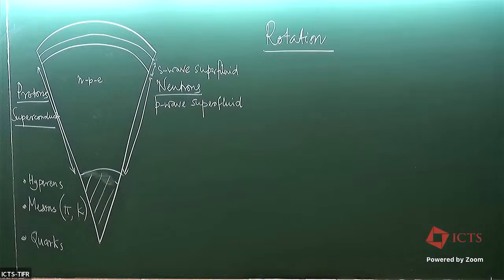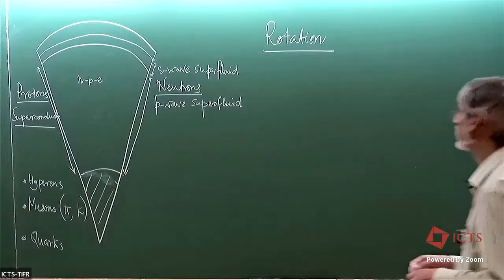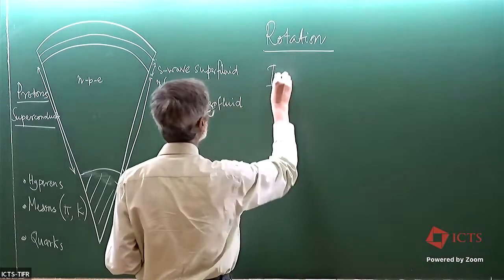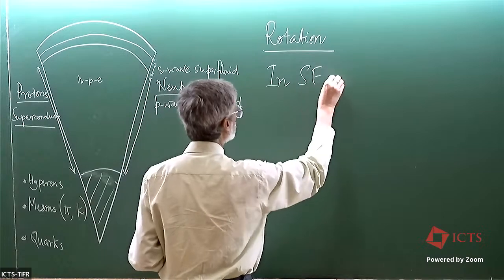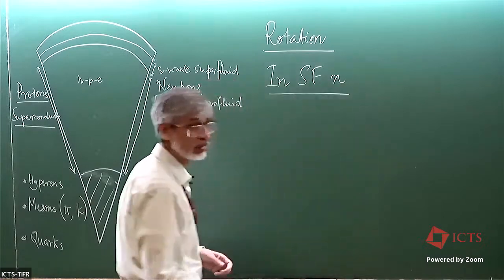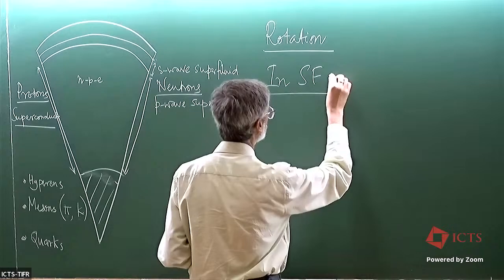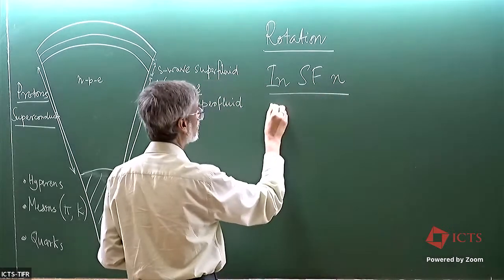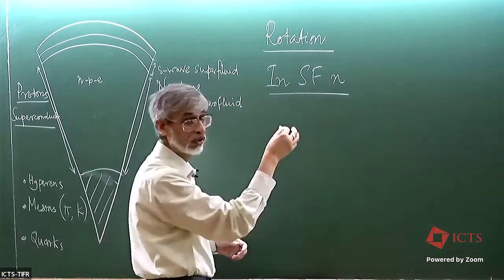And when the angular momentum gets transferred to the superfluid, how does the superfluid manage to rotate? That is correct. So rotation in the superfluid neutrons is carried by what are called Feynman-Onsager vortices.